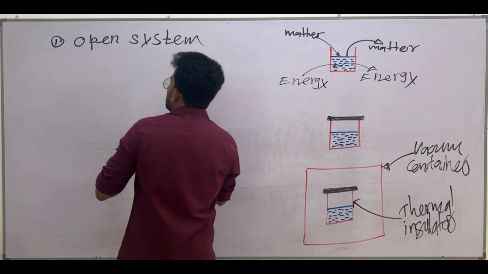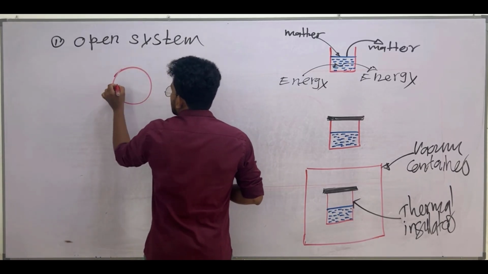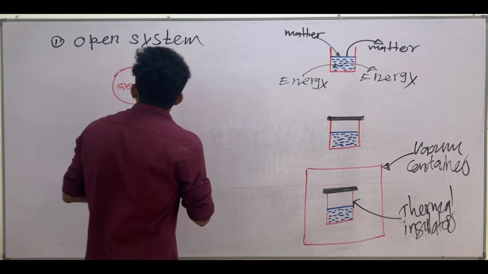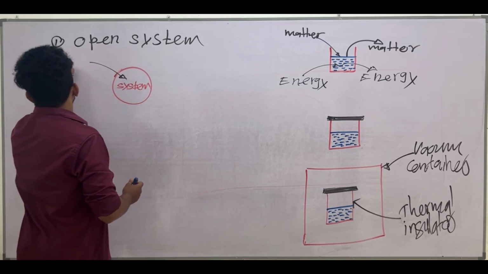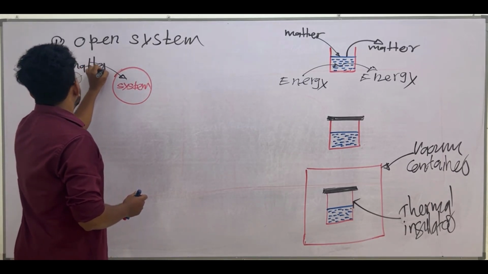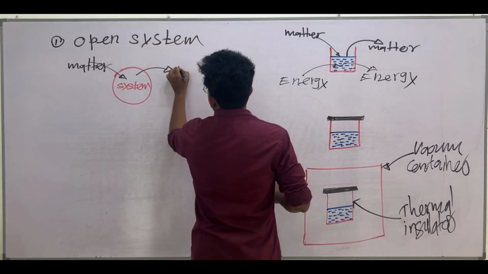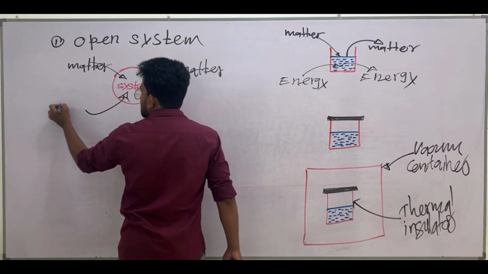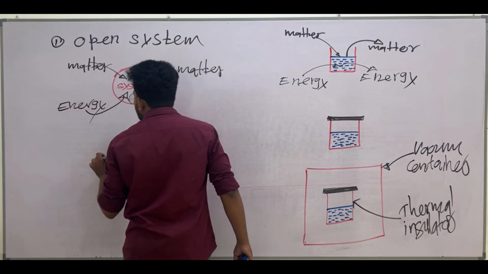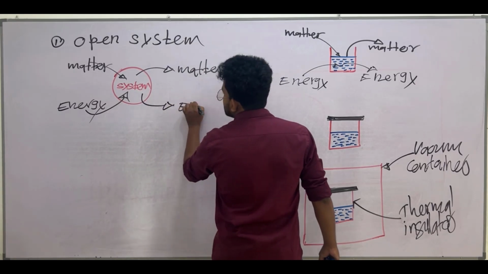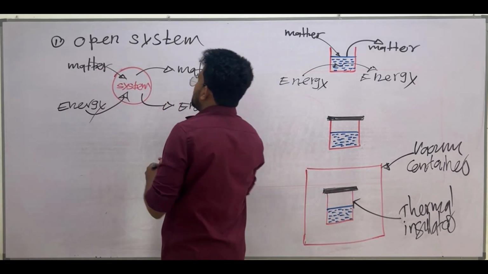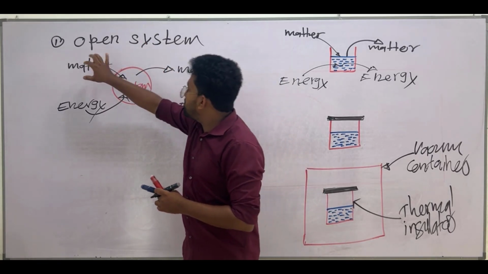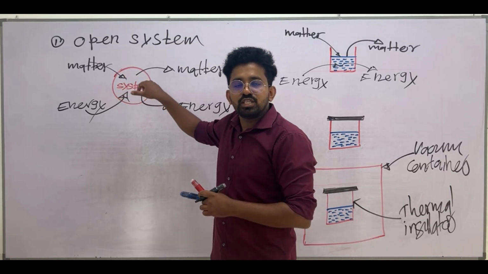When we consider an open system, this is our system. Matter can transfer through the system, and also energy can transfer through the system. An open system means the system in which matter and energy can transfer.